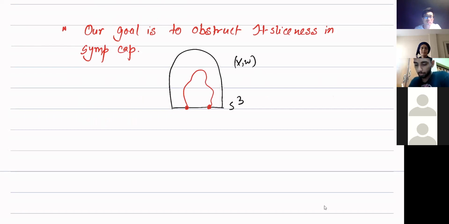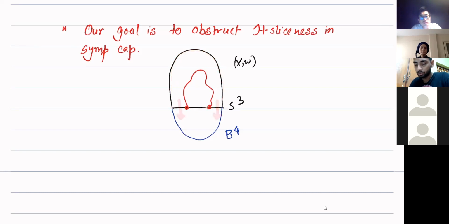Okay, now here is the trick I try to demonstrate. Let's say I fill this S3 with a 4-ball B4. Bear with me, I didn't talk about the orientation yet, but now I have to be careful with it. First of all, notice that when I think of this S3 as a boundary of this upper manifold, it is oriented in this way.